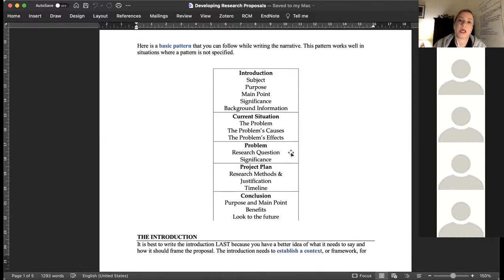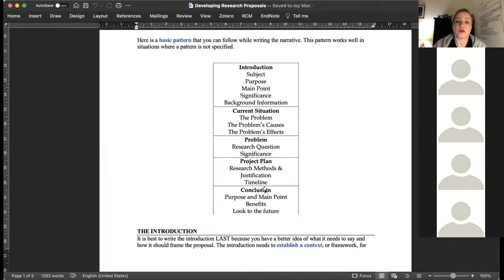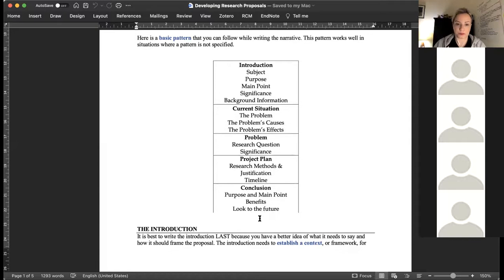You have to estimate the time, you have to calculate it. This usually comes with experience. Sometimes you fall behind, sometimes you're on time. Rarely are you on time, but this comes with experience. And of course, a conclusion which restates the purpose and main points and the benefits, and a look into the future.